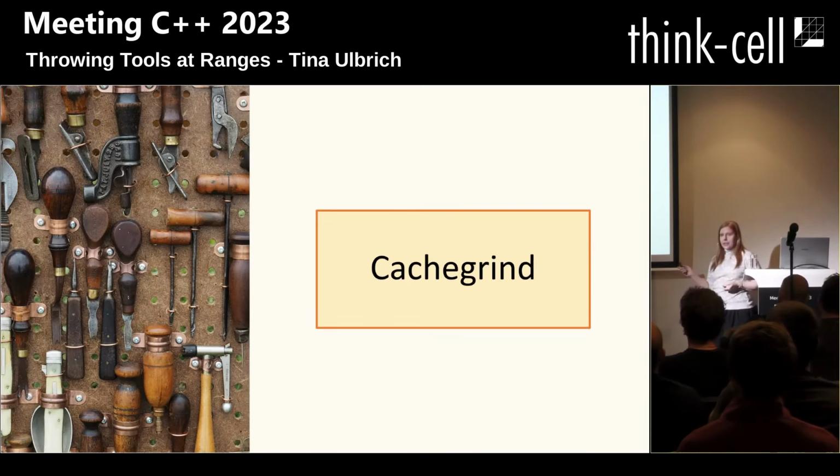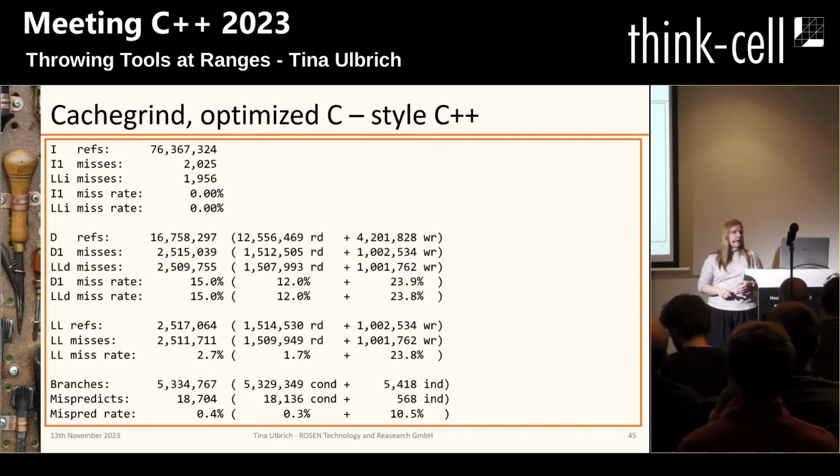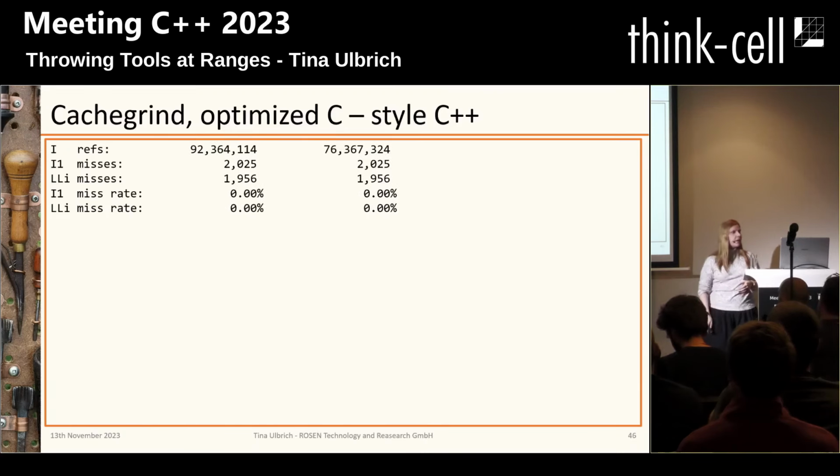I also ran Cachegrind again, just to see if anything changed in the output. I don't expect you to remember the output that you saw before. Again, if you want the slide deck, you have all the numbers. But here I'm comparing the optimized to the non-optimized version. Instruction refs went down. Miss rate is still 0.